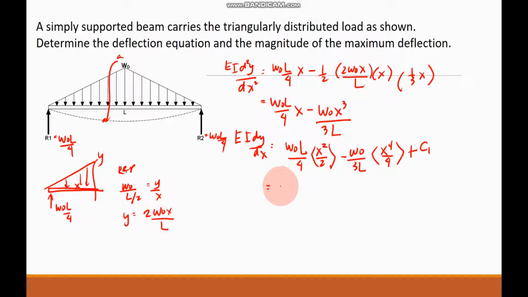Simplify pa natin. So we have here WL x squared all over 8 minus W of 12L x raised to 4 plus C1.